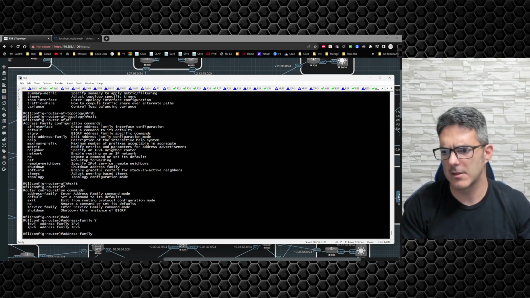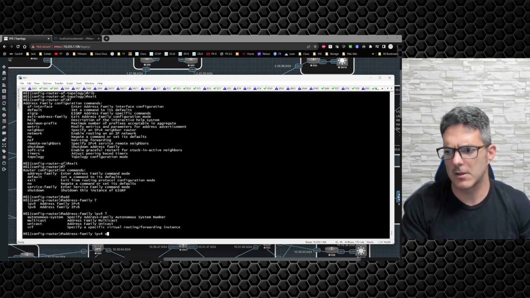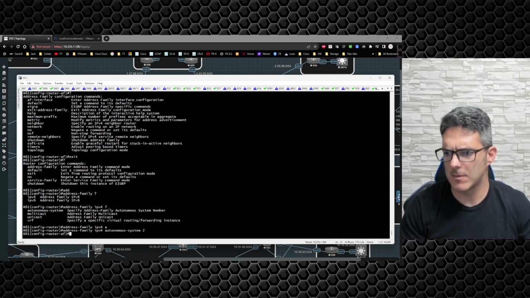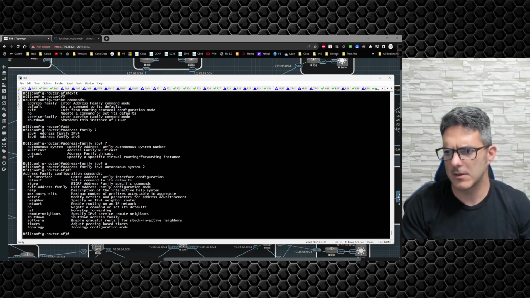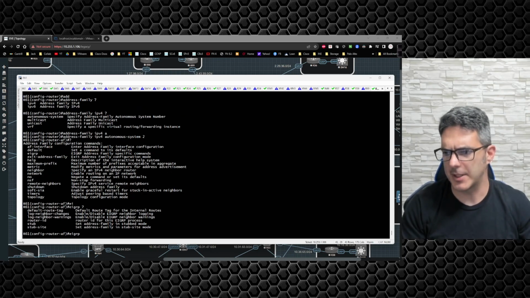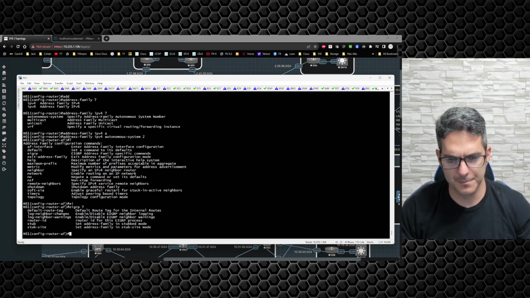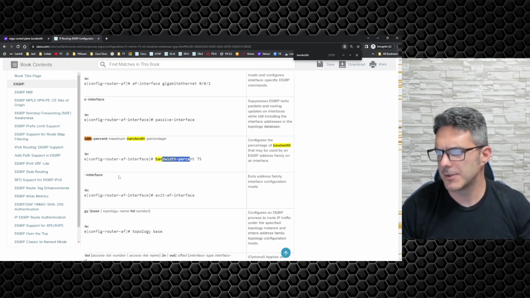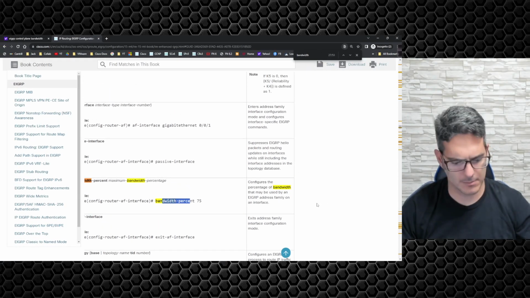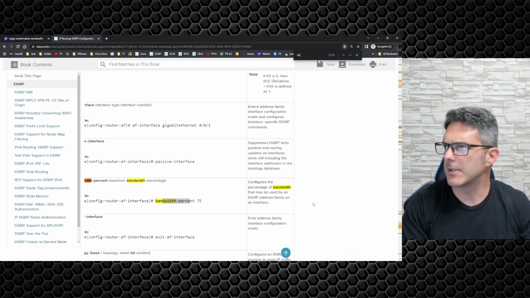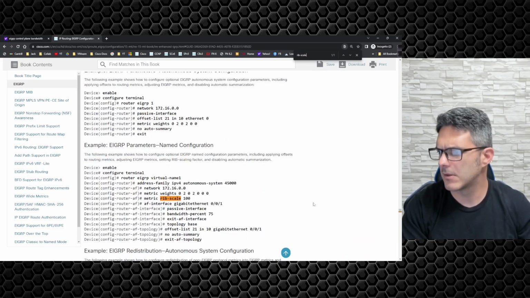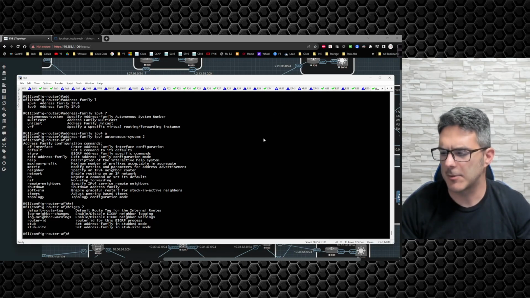Address-family ipv4 autonomous-system 2, EIGRP. No, that's not it either. Where is that command? So if I look at rib-scale, metric rib-scale, that's where it's at. Okay, I wasn't too far off.